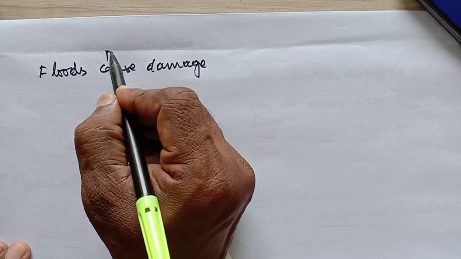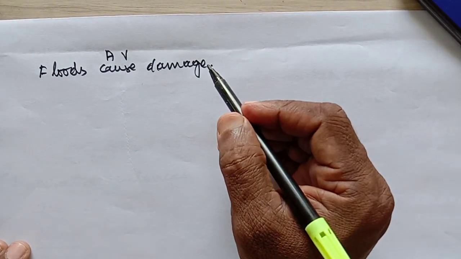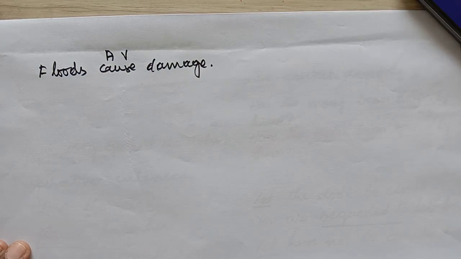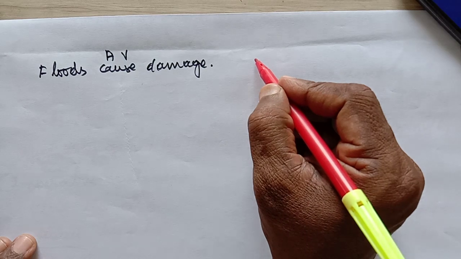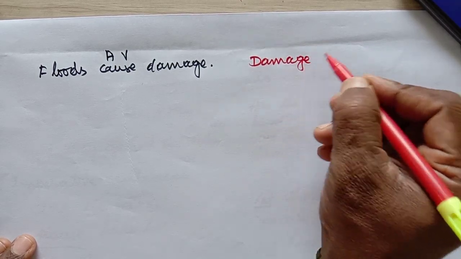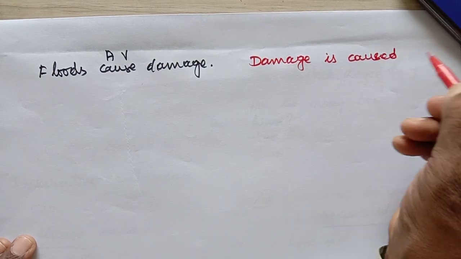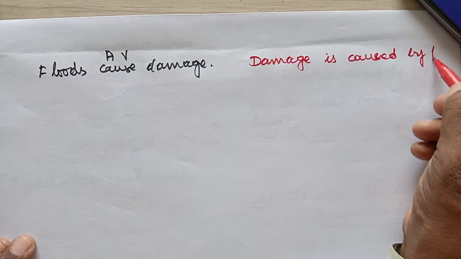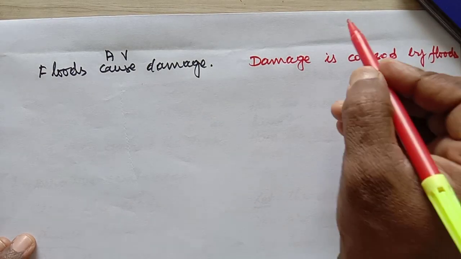Floods cause damage, active voice. And passive voice can be written, damage is caused by floods. Okay, damage is caused by floods.